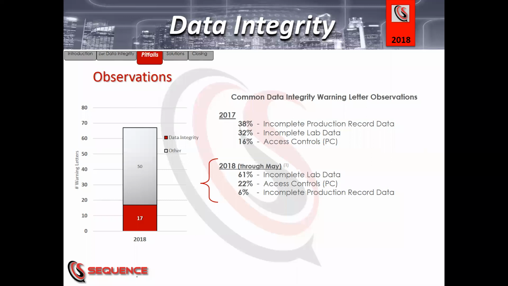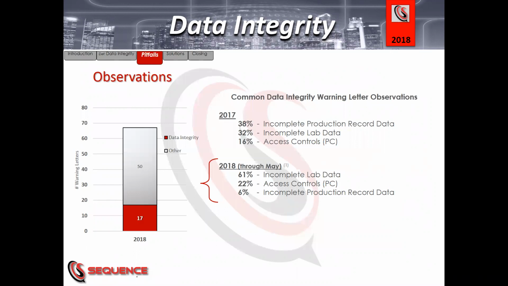One interesting thing, if you do happen to be going to the FDA website or looking at warning letters, of course, you have the observations in the letters, but do take time if you're doing any research around data integrity, like we stay up to date with this at Sequence. Do look beyond. If you see an observation that says incomplete lab data, that may not indeed be lab.